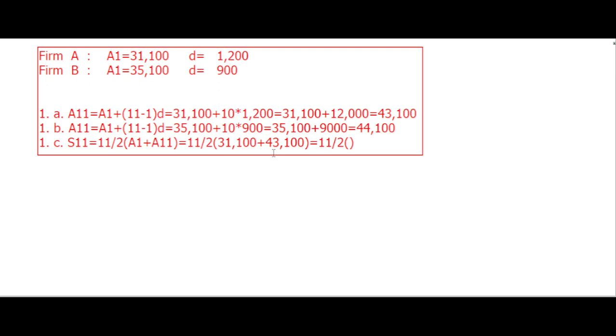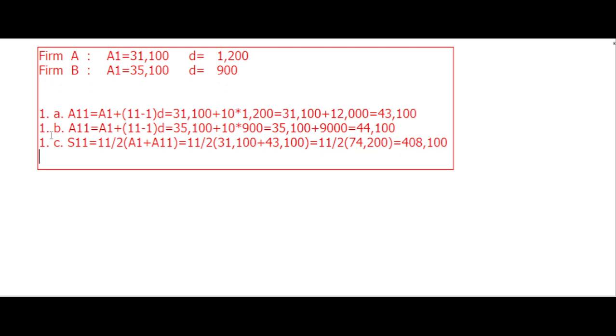This is equal to 74,200, which is equal to 74,200 times 11 divided by 2. This is equal to 408,100. This is the solution for question number C.